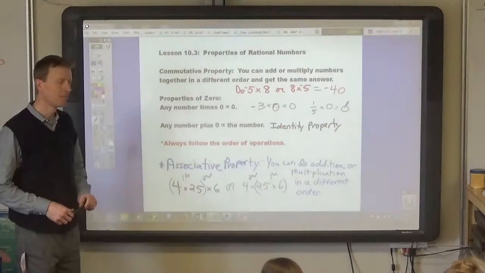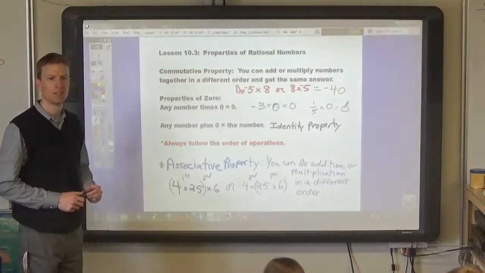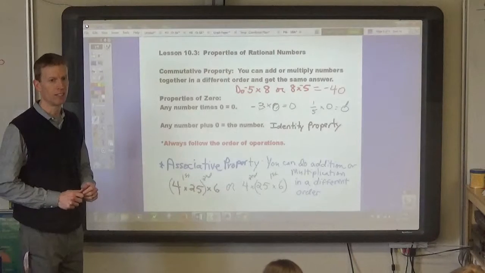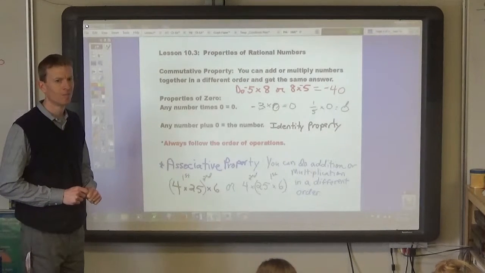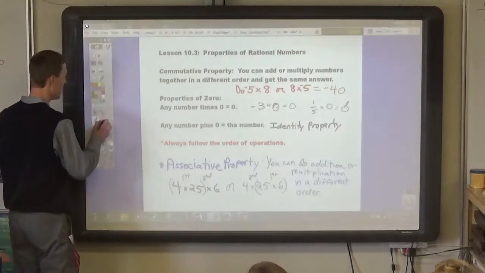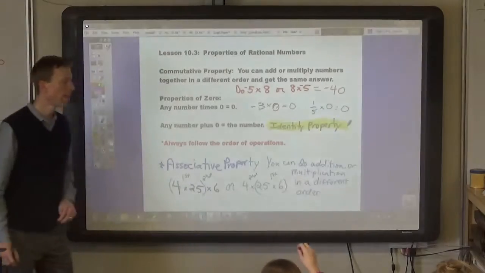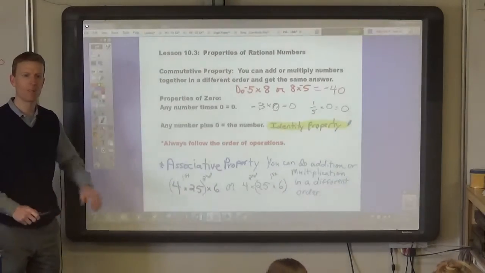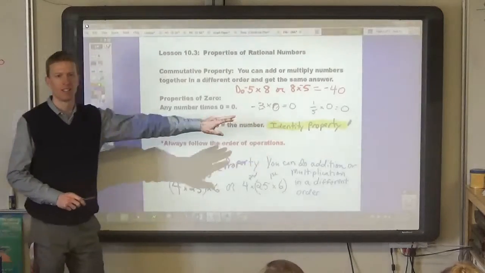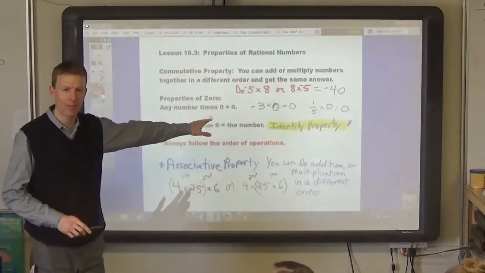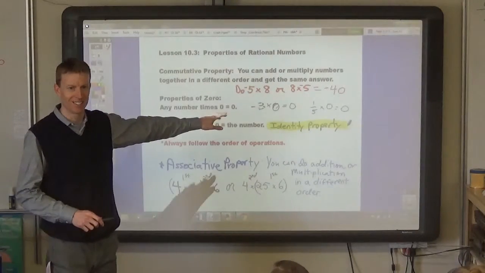Any number plus 0 is that number, it's called the identity property. So you need to look up here and follow along instead of talking. Well then why weren't you looking up here and following along?